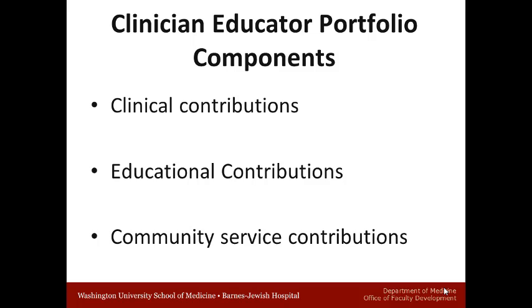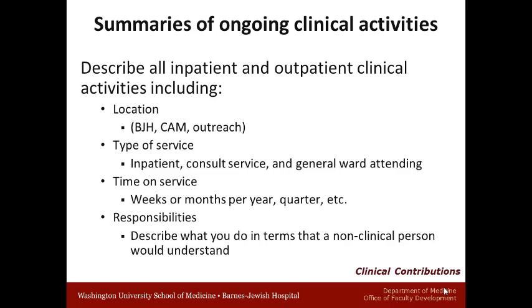All right. So the three major components of the CEP: clinical contributions, educational contributions, and community service contributions. And that's something that's not on the traditional CEP. So when we look at ongoing clinical activities, the first major heading, describe all inpatient and outpatient clinical activities.